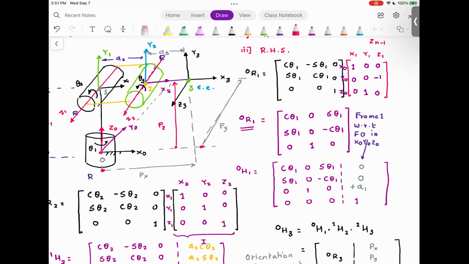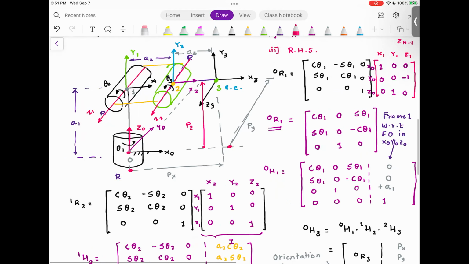Yeah, you are right. So basically pz in this particular orientation is a1, but if you have non-zero values of theta 2 and theta 3, your pz distance would be a1 plus something. And that's what we will see when we actually use MATLAB.